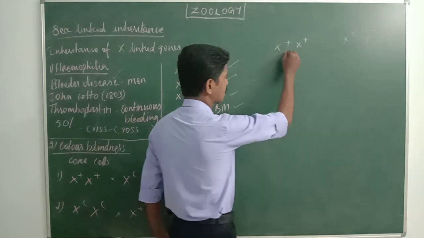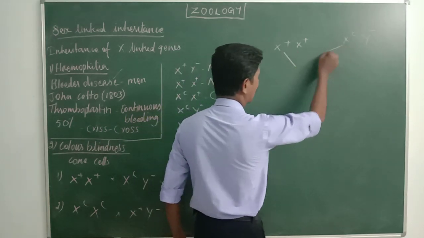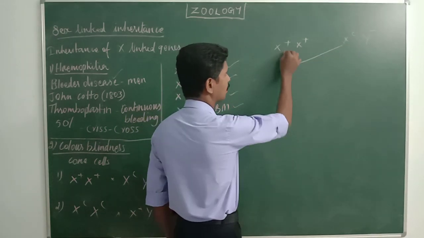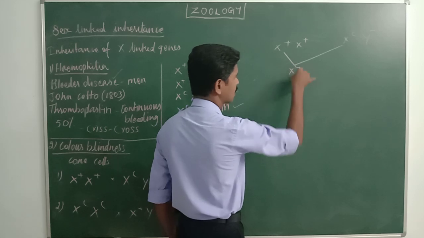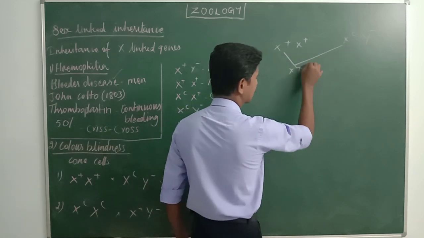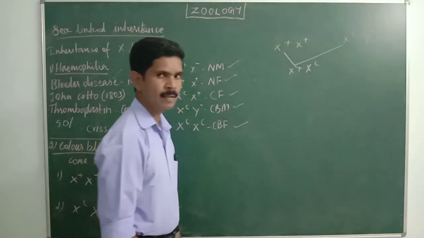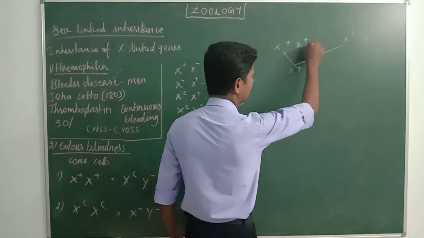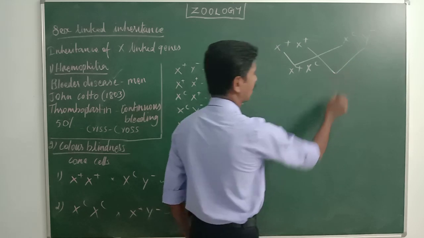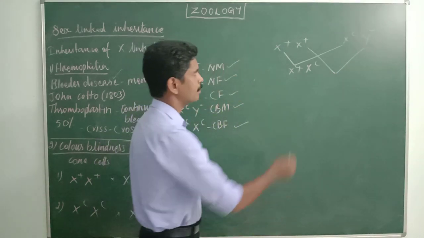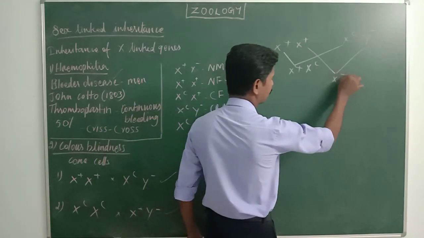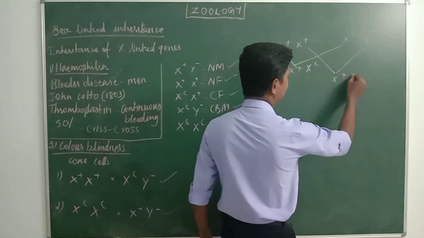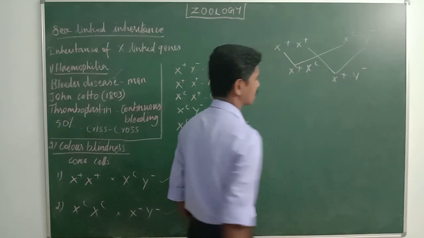First, suppose these two gametes are joined, what do we get? X plus and XC. Then if these two gametes are joined, we get X plus and Y minus.